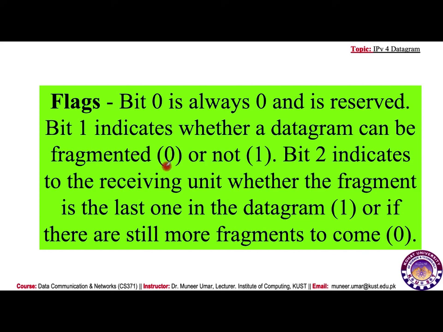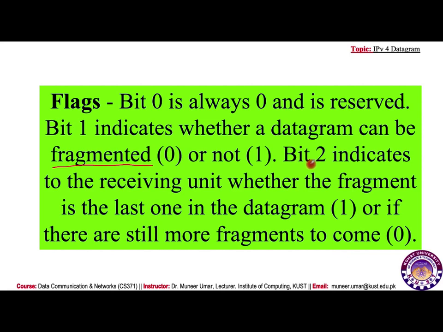If it is 0, then it means that the datagram can be fragmented, and if the second bit is 1, then we will say that this datagram cannot be fragmented. Bit 2, the third bit, indicates to the receiving unit whether the fragment is the last one in the datagram.